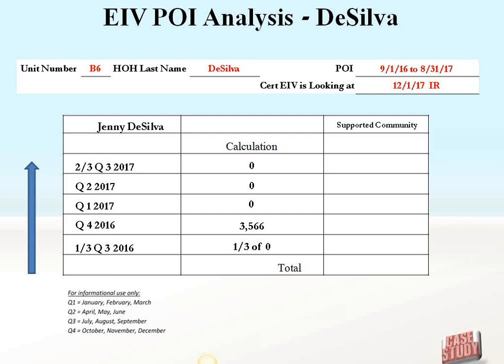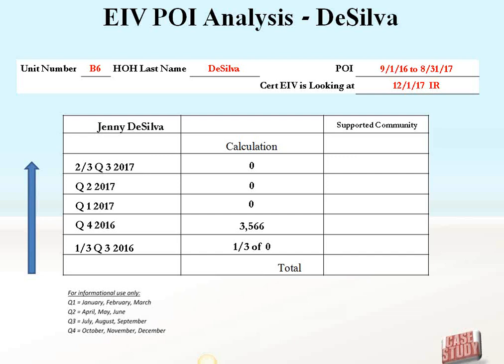Can you guys tell, when you're isolating these income sources, what do you think happened either at the end of quarter 4 of 16 or at the beginning of quarter 1 of 17? What happened? That's when she changed jobs? Yes.